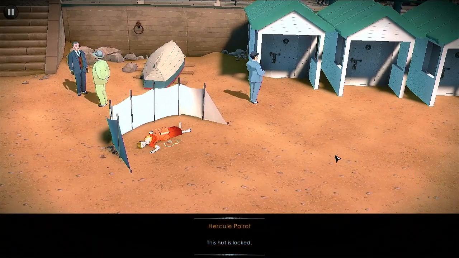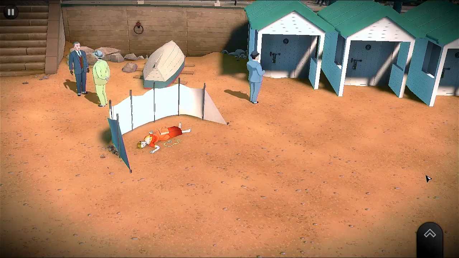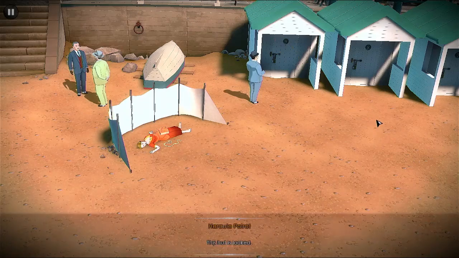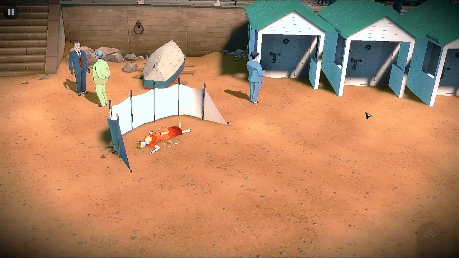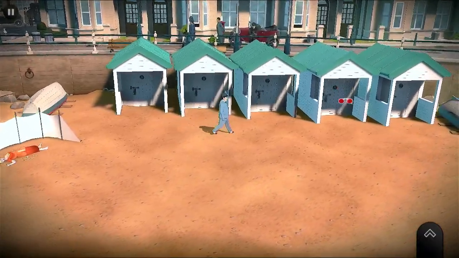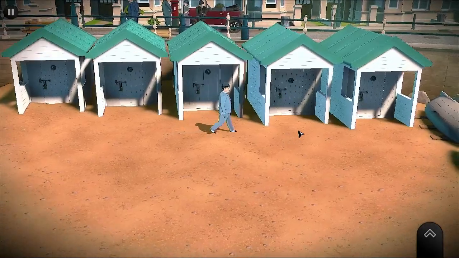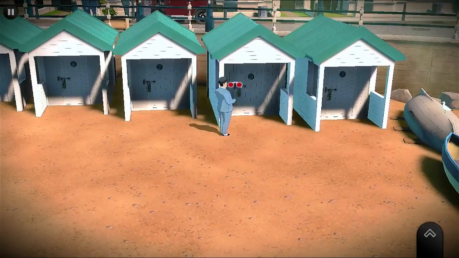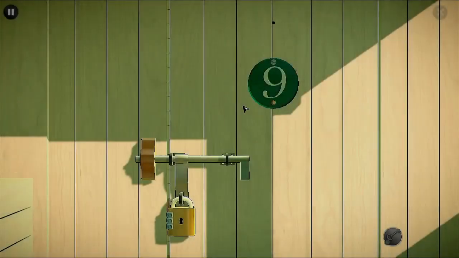This hut is locked. Which one's number 6? This hut is locked. Oh, that's 9. It has got a number on, so we need number 6. Has that fallen over?